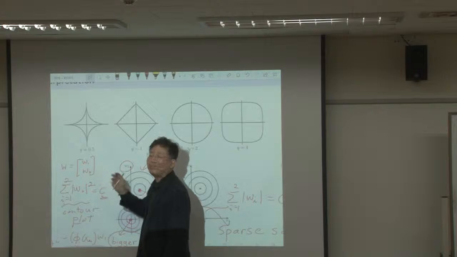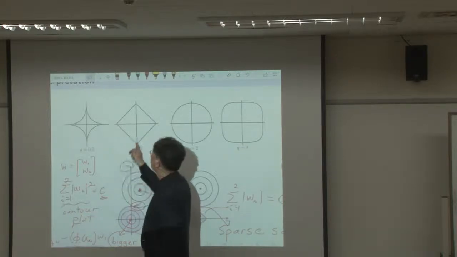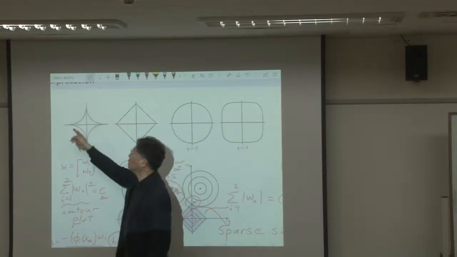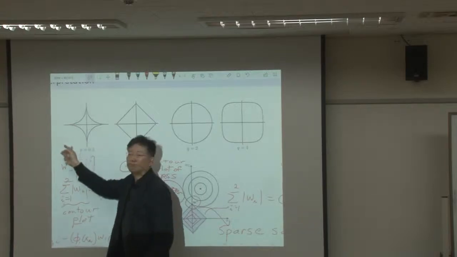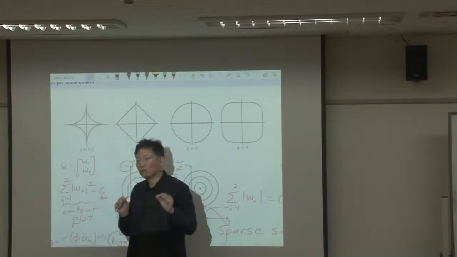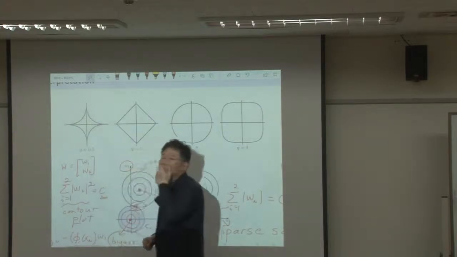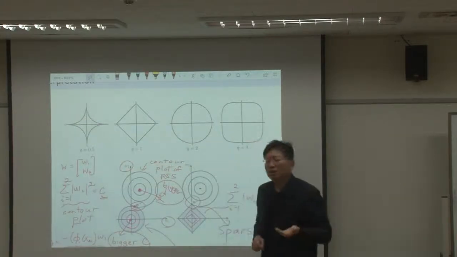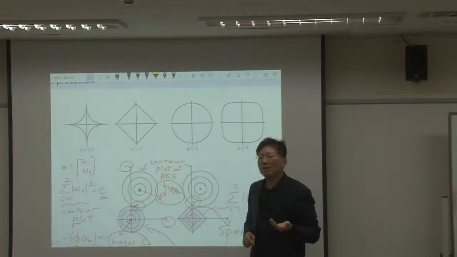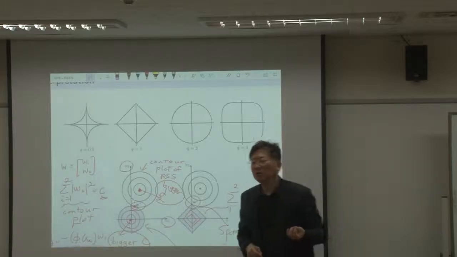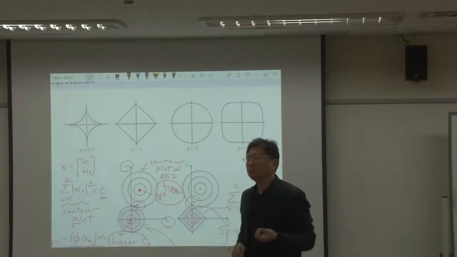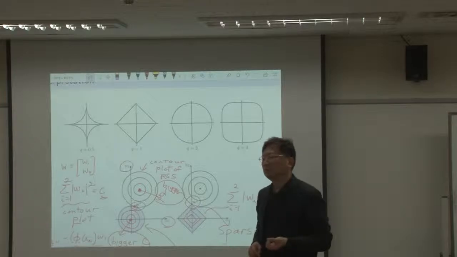They're going to be pointy, more pointy like that as you go down, very pointy at the edges. So with a Q value equal to 1 or less than 1, you're going to get a sparser solution. Okay?